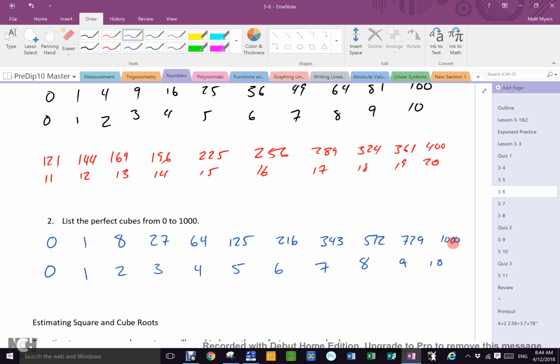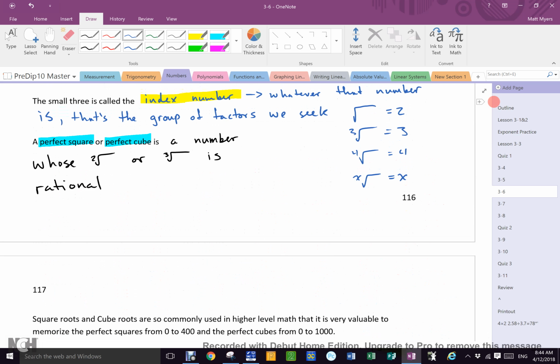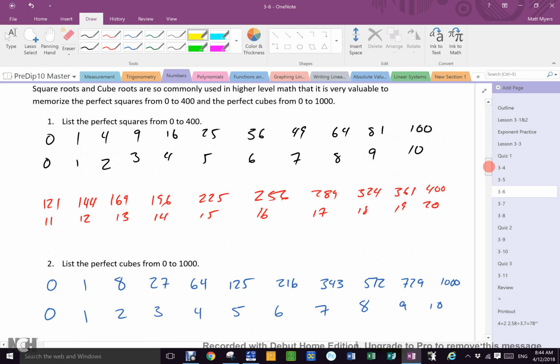Why did I specify natural number cubes right after I talked about perfect squares and perfect cubes? And I didn't say natural, I said rational. What's the difference?